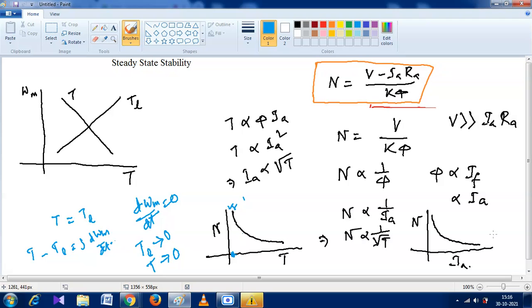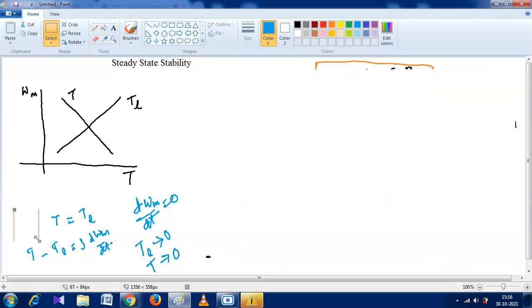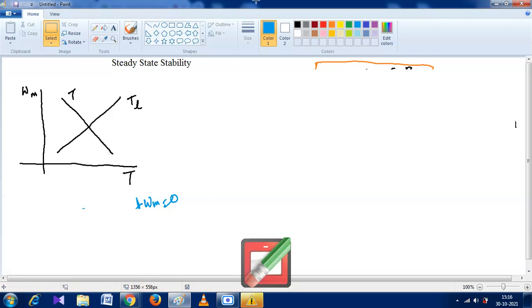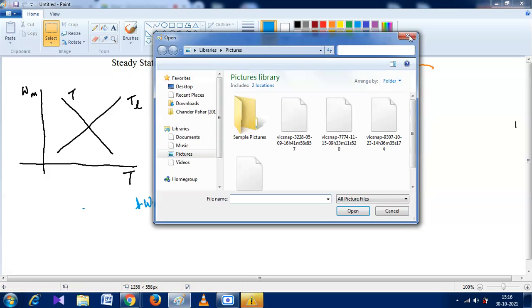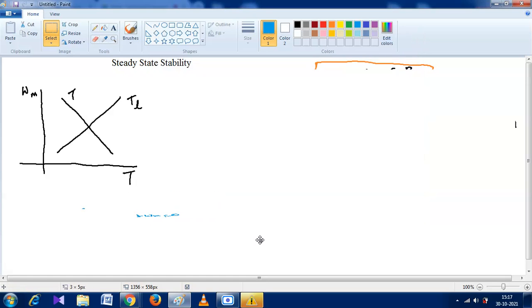Yes, sir. Okay. Now we come back to our topic, steady state stability. Suppose we have machine torque and load torque as in our figure.